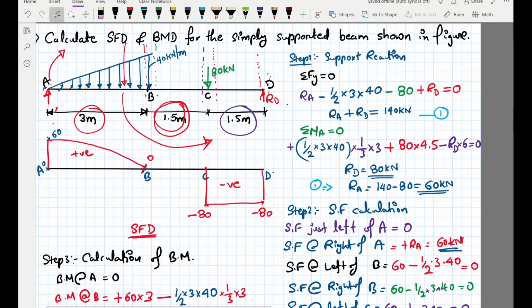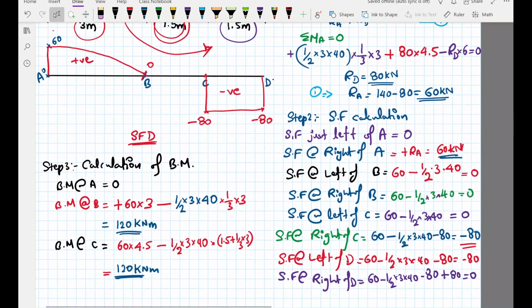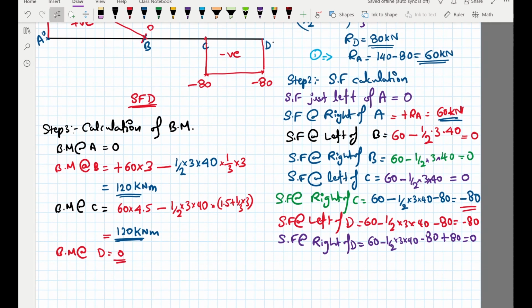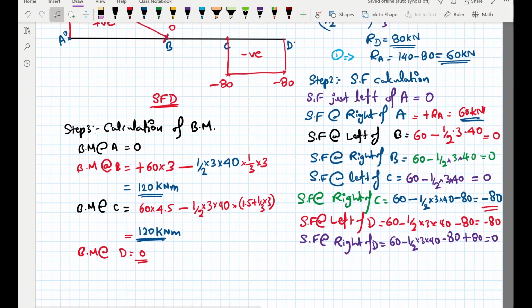So again at D, bending moment at D is equal to 0, since bending moment at simply support should be equal to 0. So this is the bending moment calculation. So now I can draw the bending moment diagram.